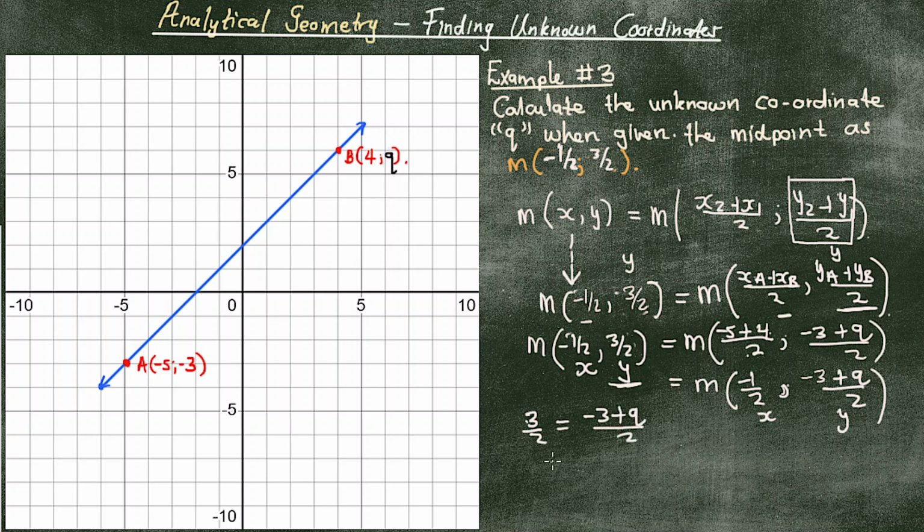Cross multiply, we get 6 now, then it's minus 6, then 0. You see now, what is happening? It's minus 3 over 2, then q 3 over 2, when times that's 6.